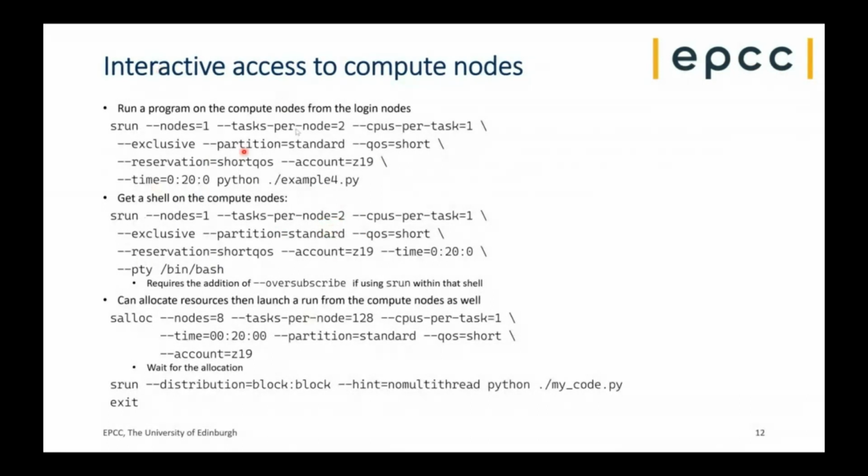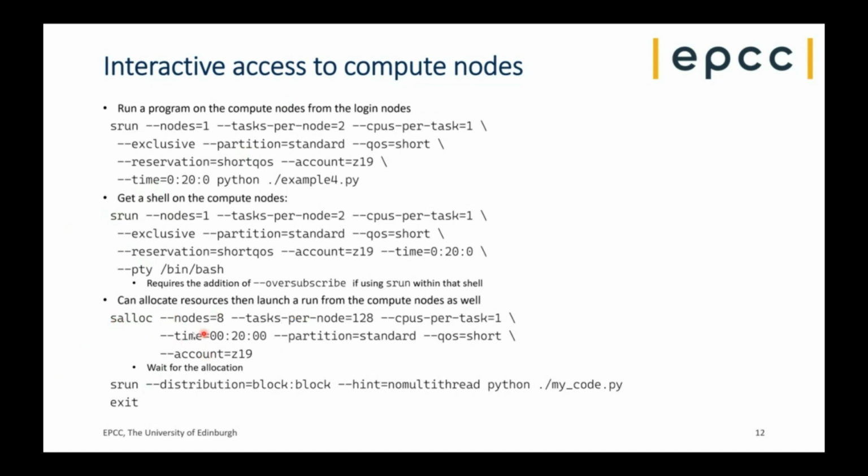So we can use the srun command directly. There's also a way of doing this, which is actually what srun does itself, but you can separate it out. You can use what's called salloc, which allocates you resources. So you can ask for a set of resources.